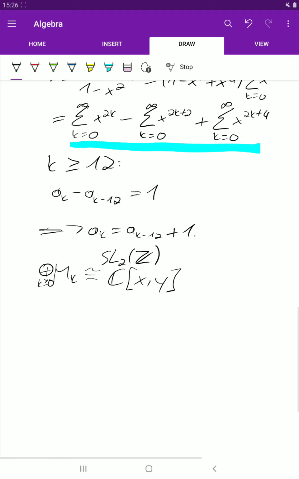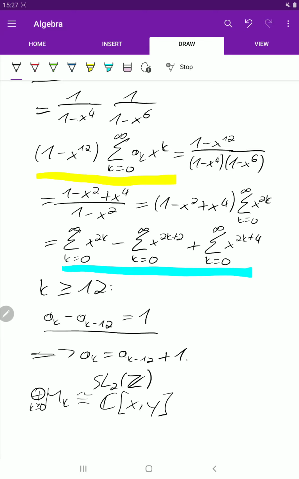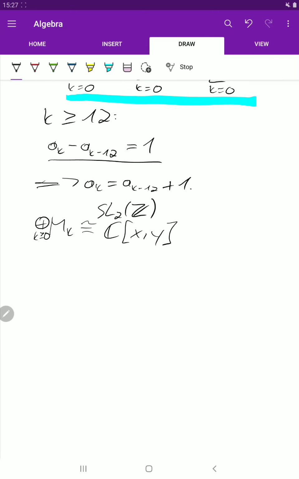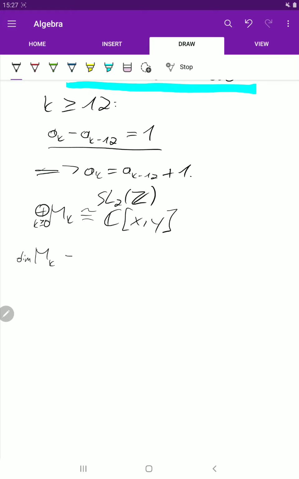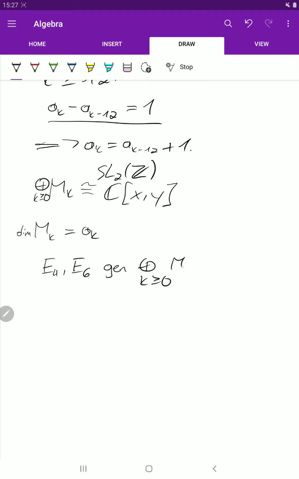And one can use these sequences here in that we can calculate the dimension of M_k. One can show that the dimension of M_k is given by the same numbers as these a_k's, and then one can show that Eisenstein series E4 and E6 generate this algebra, so they generate it as an algebra, not as a module.